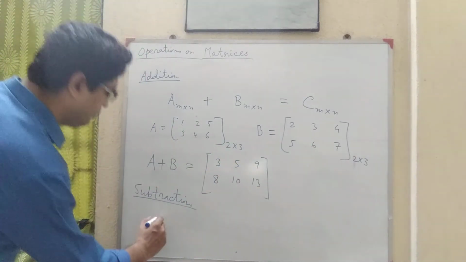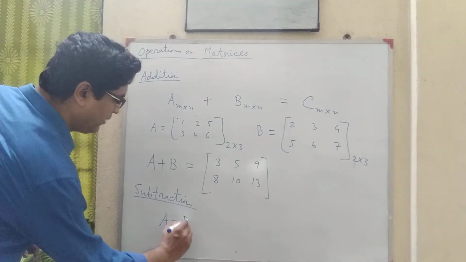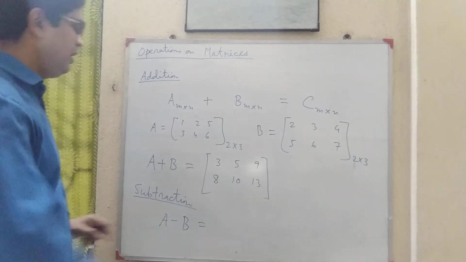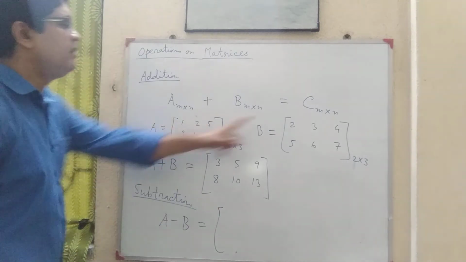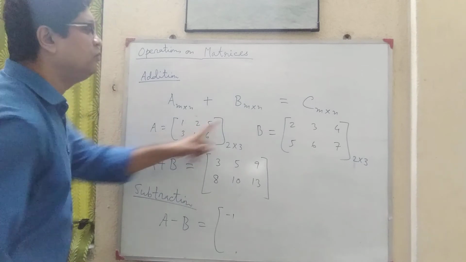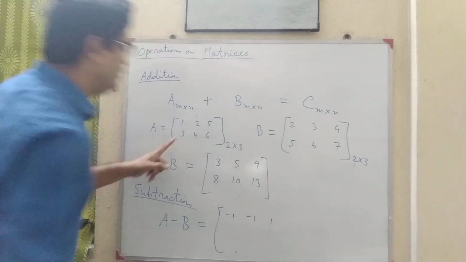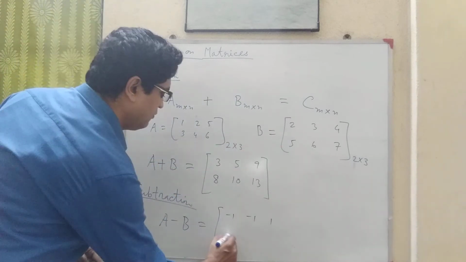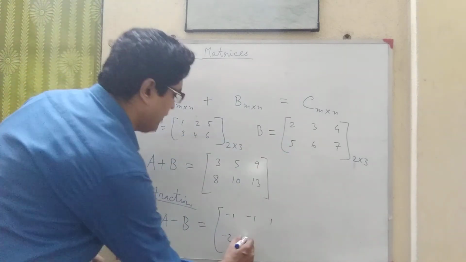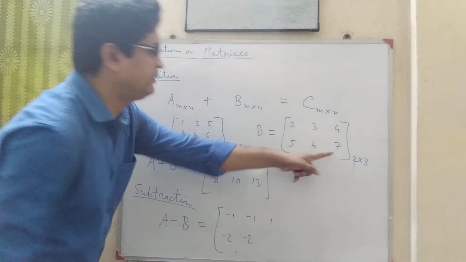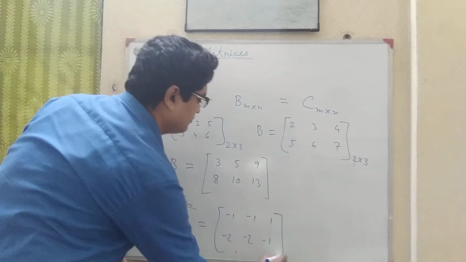Suppose here we want to subtract b from a, that is a minus b, then the answer will be 1 minus 2, it will be minus 1, 2 minus 3, it will be minus 1, 5 minus 4, it will be 1, 3 minus 5, it will be minus 2, 4 minus 6, it will be minus 2, 6 minus 7, it will be minus 2.